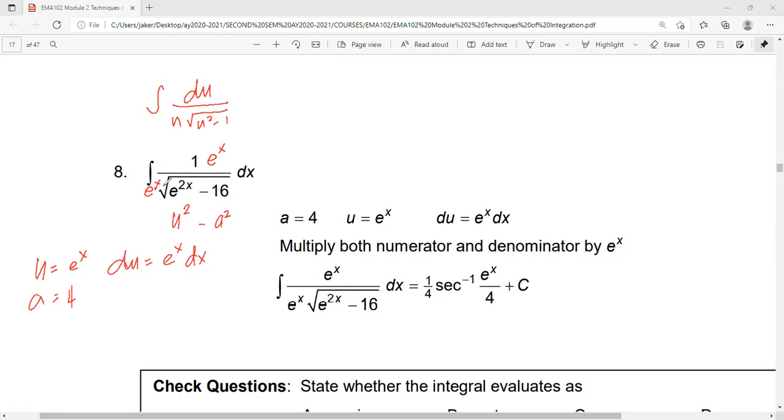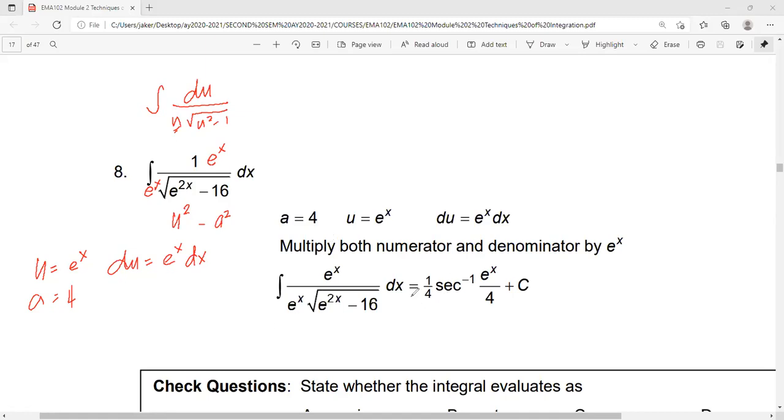It's just timely, because I need to place here e raised to x because there should be a u before the square root of u squared minus a squared. So introducing e raised to x over e raised to x does not alter my original integral because it's just 1. But it makes it even more the arcsine function. It will yield the arc, no, not arcsine, the arcsecant function.